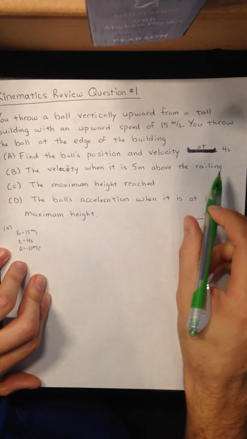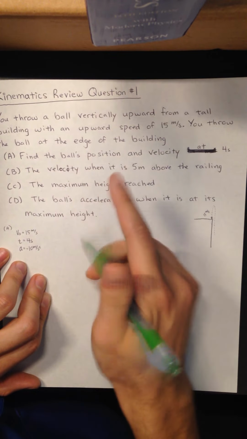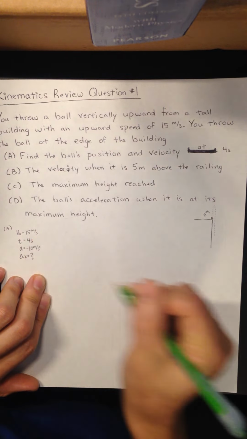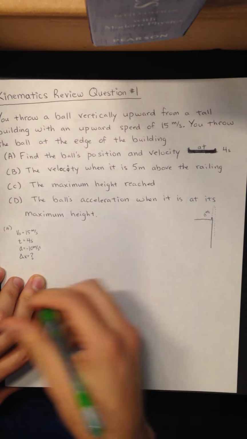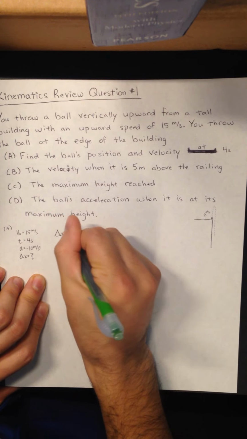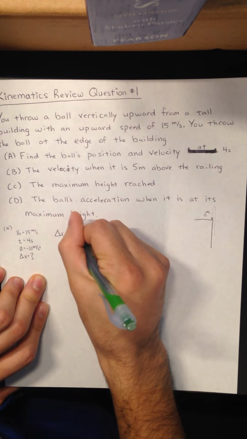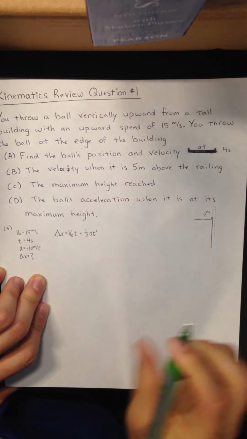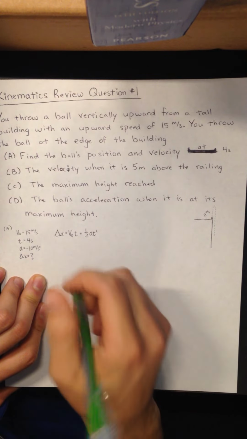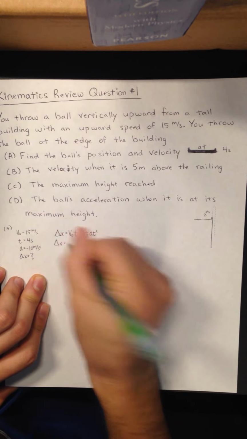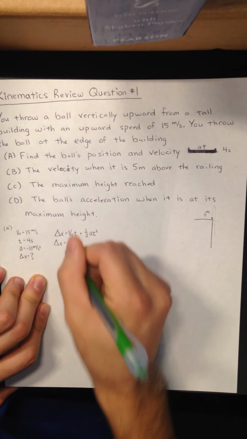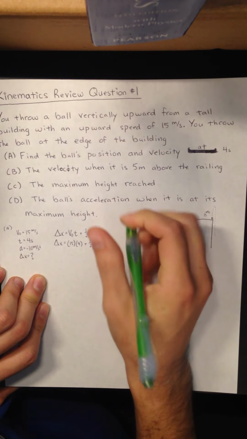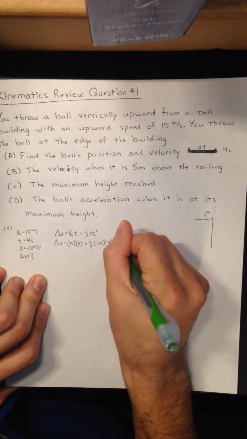Okay, so let's find the position. What we're looking for first, the position, is this change in x. So we're going to be using one of the formulas. Change in x equals V initial t plus 1/2 a t squared. This is displacement. So displacement equals initial velocity, which is 15, times t, which is 4, plus 1/2 times -10 times 4 squared.